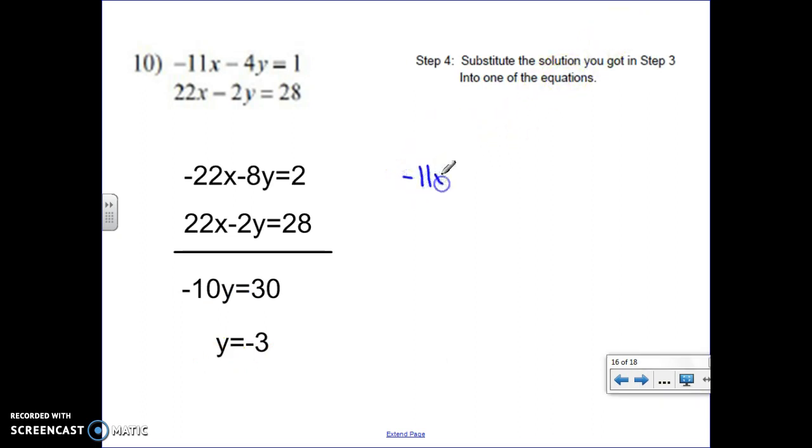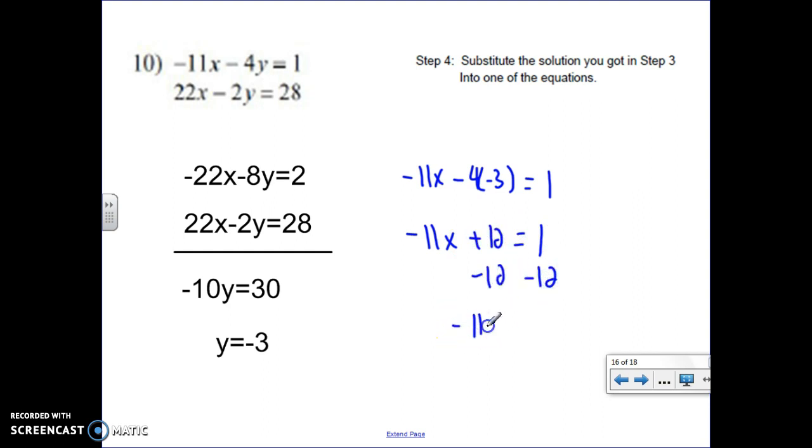So I have negative 11x minus 4 times negative 3 equals 1. So I have negative 11x plus 12 equals 1. Subtract 12. Divide both sides by negative 11. Looks like I got x to be 1.